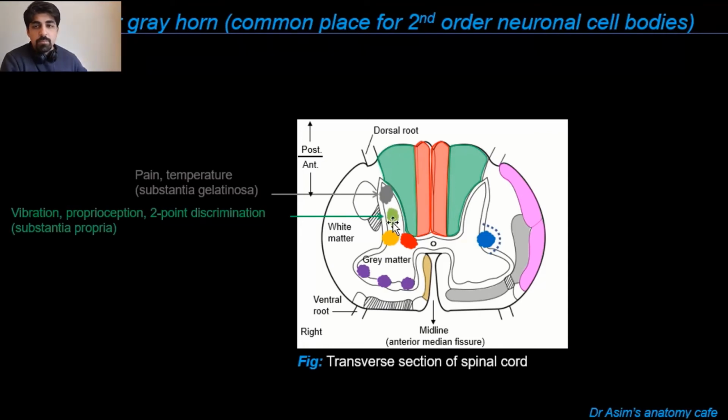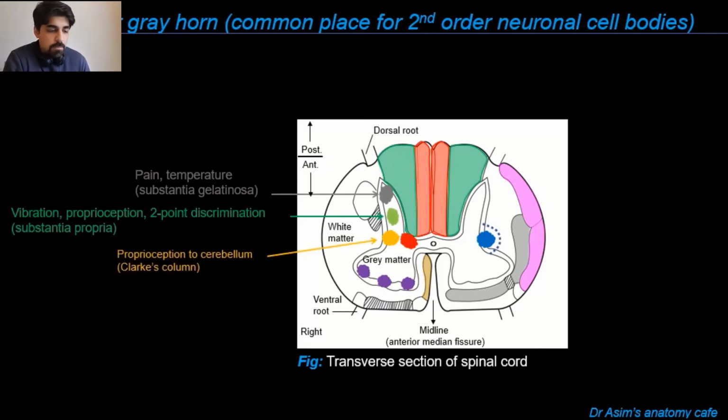The substantia propria does receive a neuronal connection through the first order neurons, which are bringing in the sensory information of vibration, proprioception, and two-point discrimination and carrying it to the higher brain centers. However, the substantia propria is not the second order neuronal cell body. The second order neuronal cell body for this sensory pathway is going to be situated somewhere higher up in the lower medulla, and we'll talk about that a little bit later.